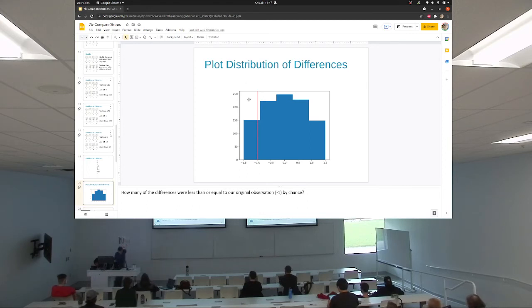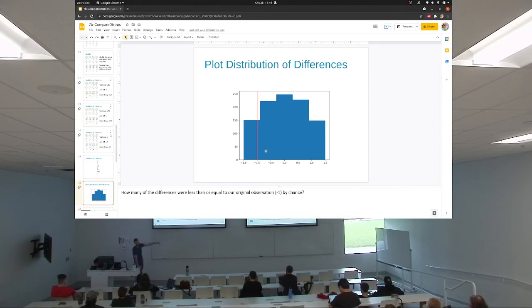The number of things in total here is the distribution of differences if it's by chance. The number of things to the left, and it's to the left, the direction will depend on what you're doing, which direction matters. We want a lower recovery time, so we're looking that way. Let's think about what this means. You can all answer this question yourself. I observed that the recovery time had a difference of -1 day.